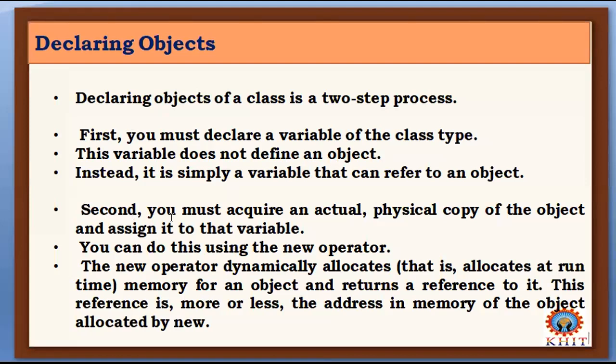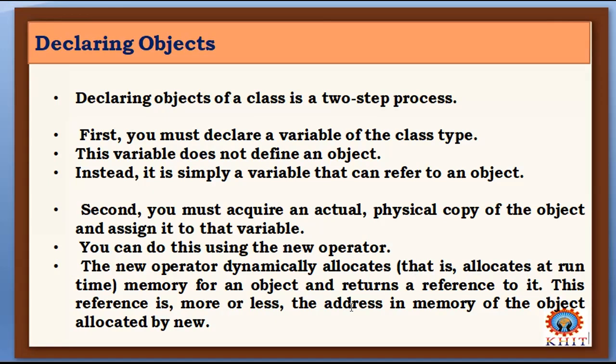The second step: you must acquire an actual physical copy of the object and assign it to that variable. You can do this by using the new operator. With the help of the new operator, when you write new box of, a physical and actual copy of the object is assigned to that variable. The new operator dynamically allocates memory for an object and returns a reference to it.